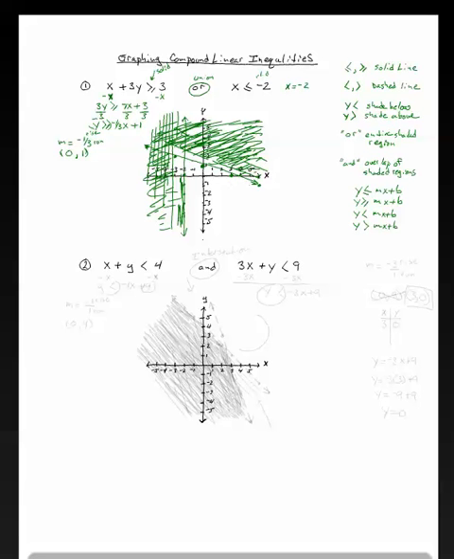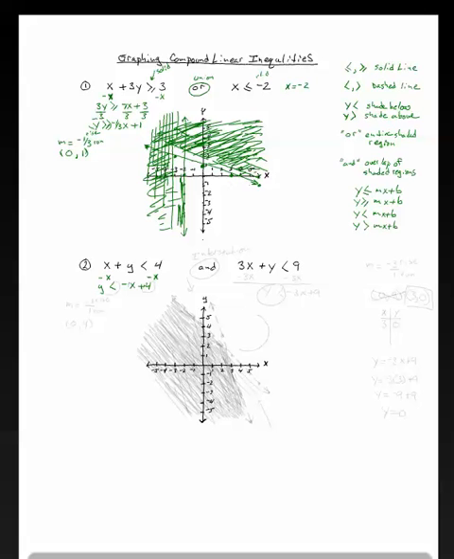In our second example, we've got x plus y is less than 4. So the first thing I'm going to do is get this in slope-intercept form. So subtract x from both sides. And that'll give me y is less than negative x plus 4.